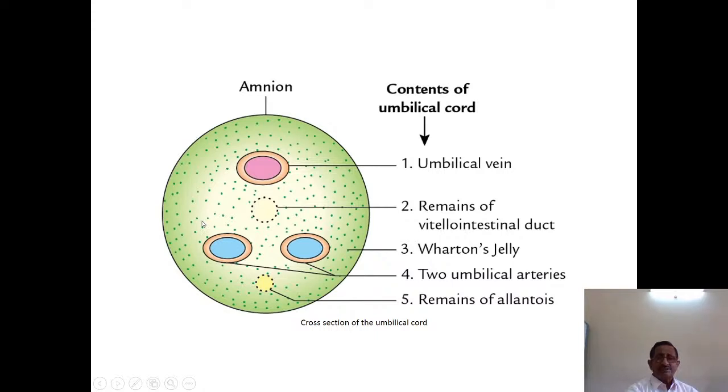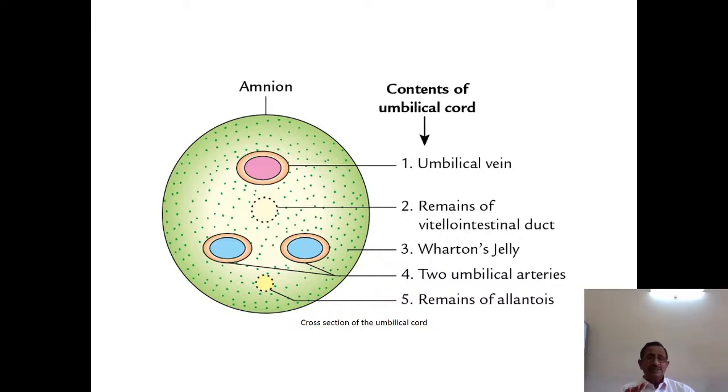So here what you have to notice is why the vein is colored red and the arteries are colored blue. Here, what is happening in the fetus is that metabolites and deoxygenated blood come through these arteries into the placenta, and from the placenta the oxygenated blood with nutrients goes through the umbilical vein into the heart of the fetus.